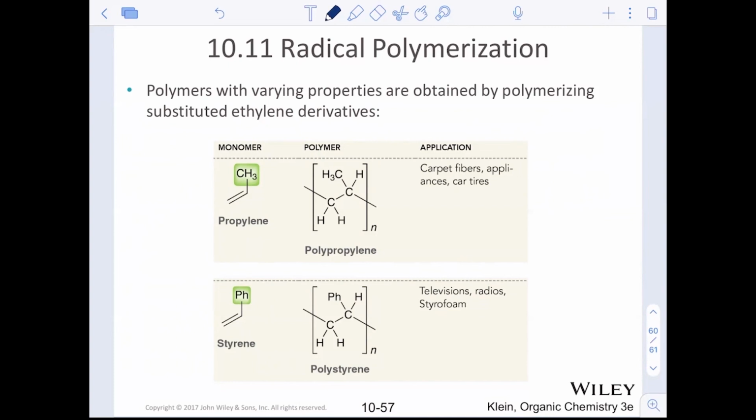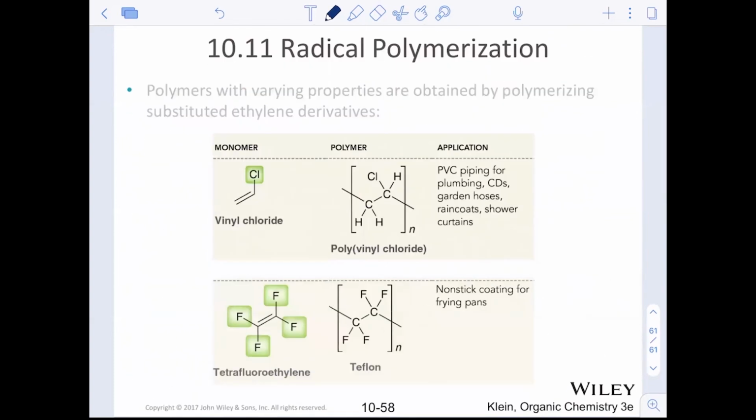Polystyrene is used for styrofoam, televisions, radios, all sorts of things. The ones that are maybe a little bit more in the forefront of your life, PVC pipes, CDs, garden hoses, all of those use vinyl chloride. And then tetrafluoroethylene, with all those 4 fluorines on there, that polymerization reaction makes Teflon for nonstick coating for frying pans.